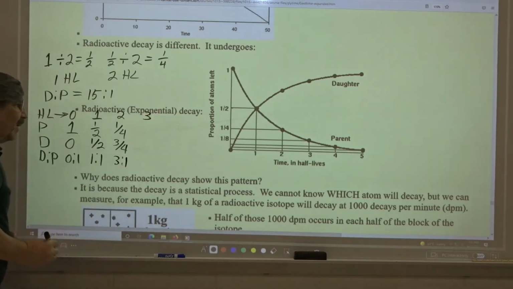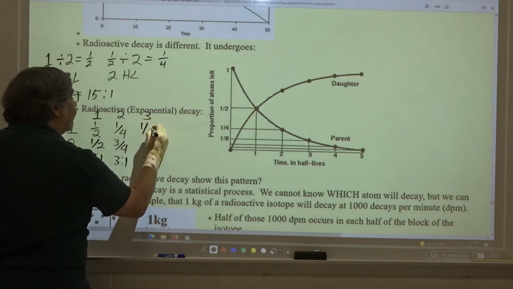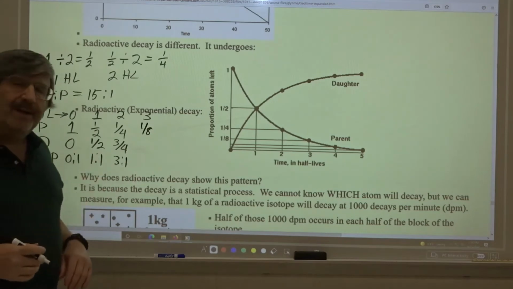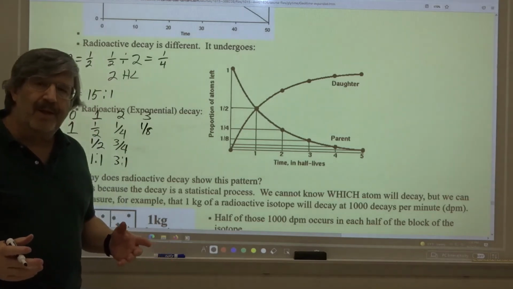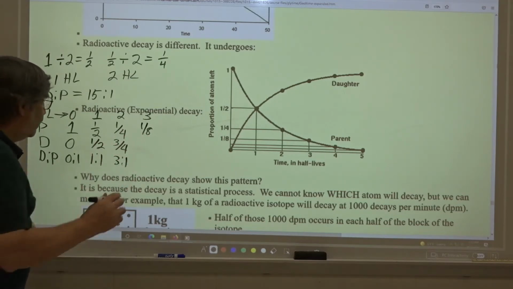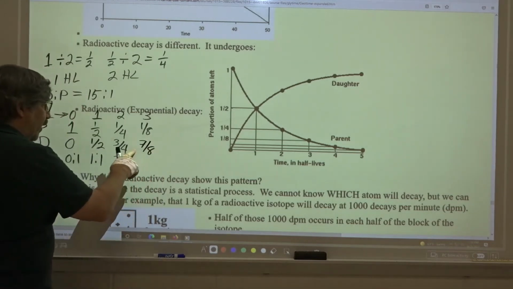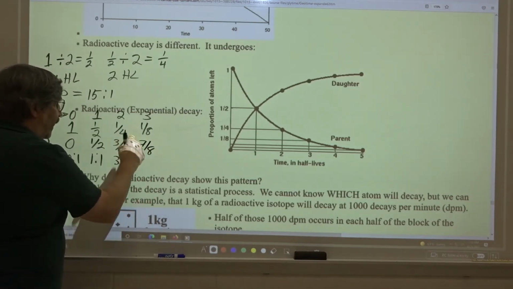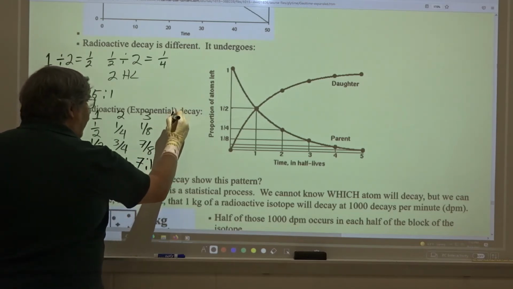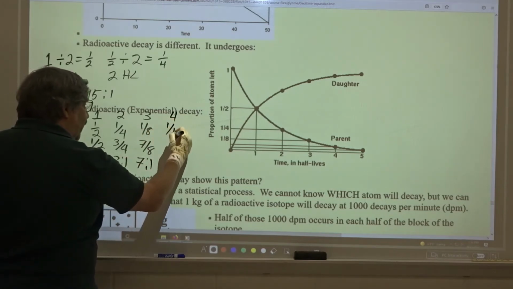After 3 half-lives, we again divide that by 2, and we now have 1/8 as much parent as we started with, and all the rest, again, has turned into the daughter. And so the daughter can be calculated by 1 minus 1/8, which is, of course, 7/8. So our daughter to parent ratio is 7/8 to 1/8, which is 7 to 1. After 4 half-lives, we again divide that by 2, we get 1/16.